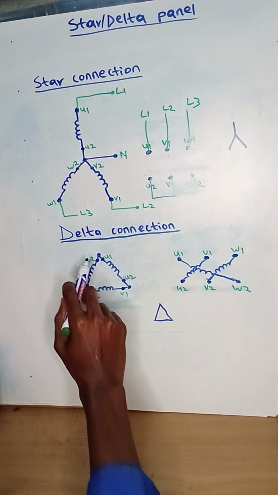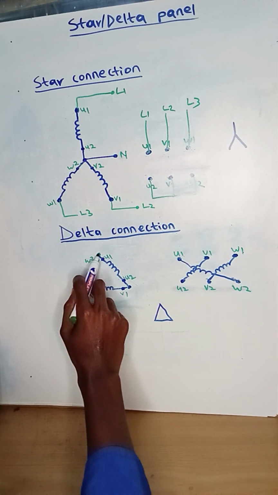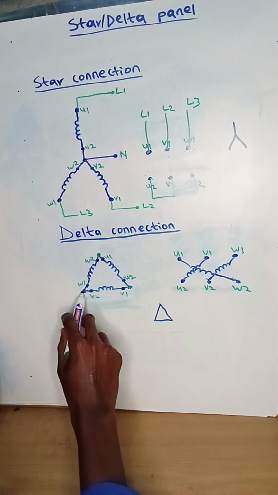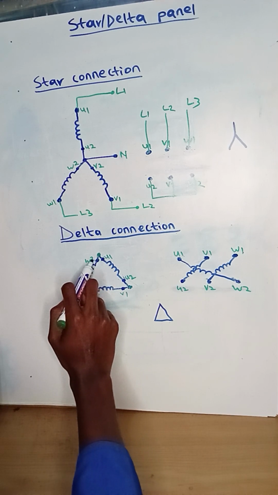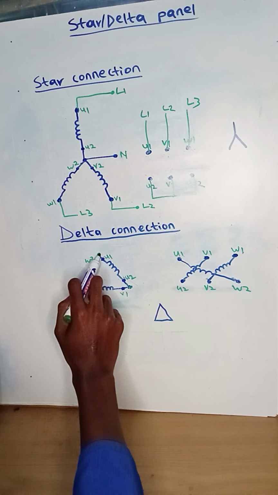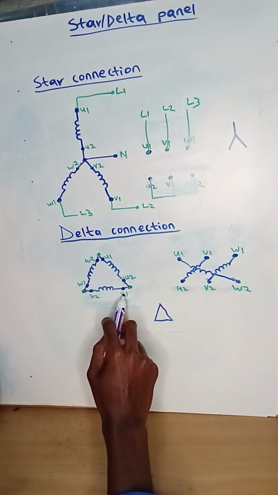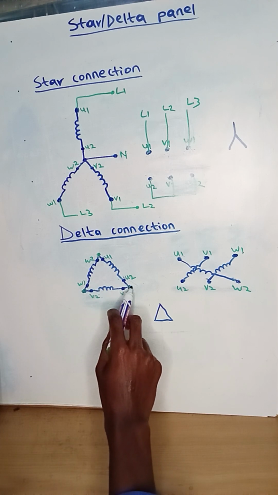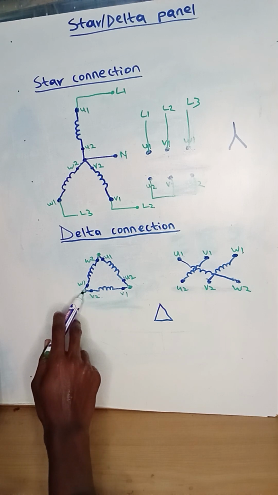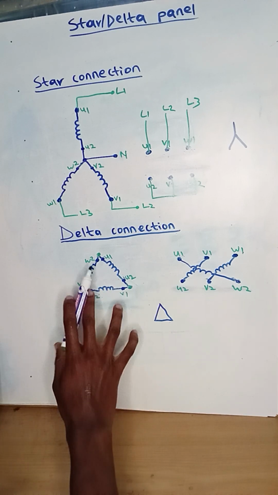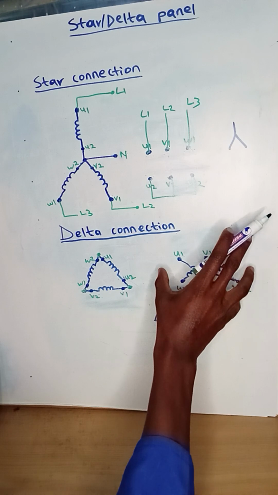So from these 3 points here in the corners, it means U1 and W2 are connected to each other here. U2 and V1 are connected to each other here, and then W1 and V2 are connected to each other here. So let's check if this sketch corresponds with this sketch.